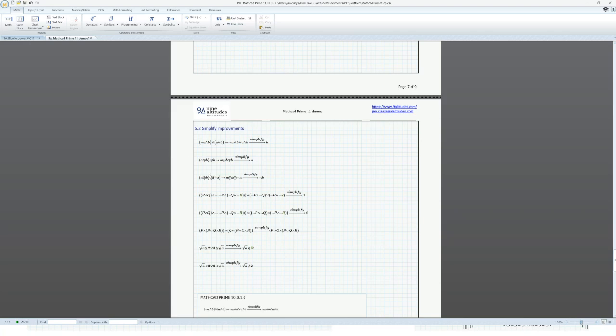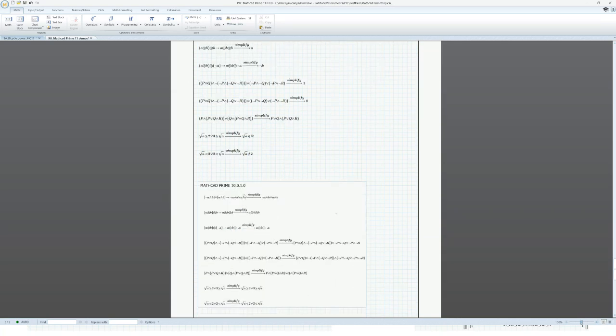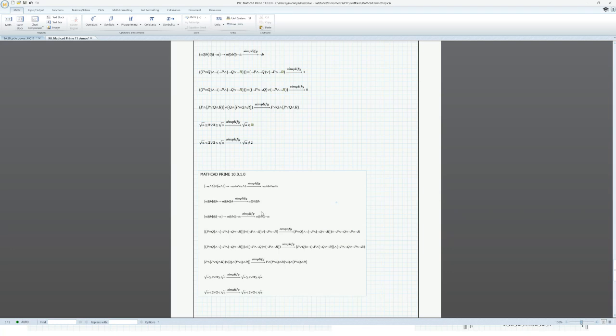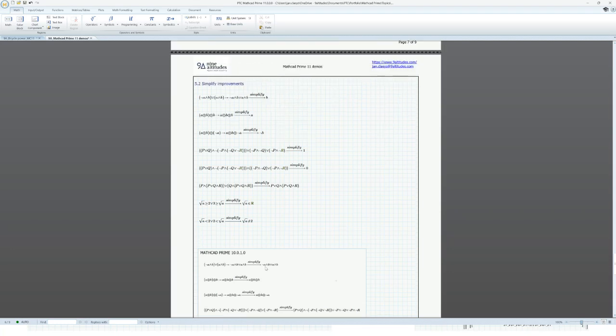So these are some more complex examples in which we have a quite easy or basic result, but even then in Mathcad 10 this was not solved in a correct way. So simplify has become a lot smarter in 11.